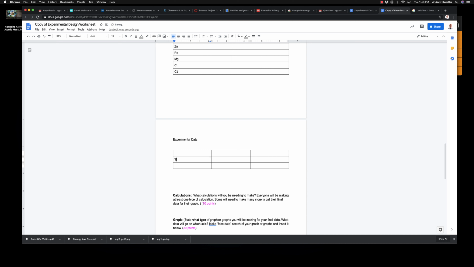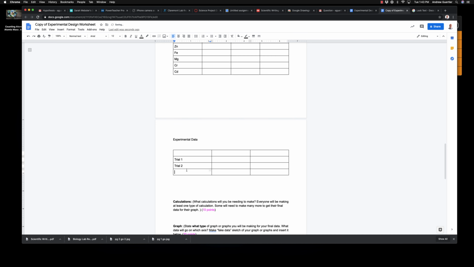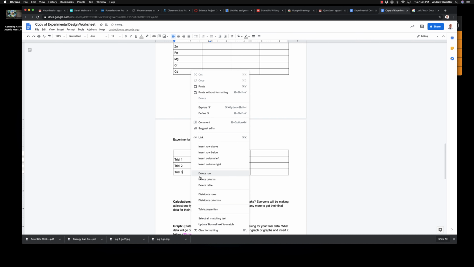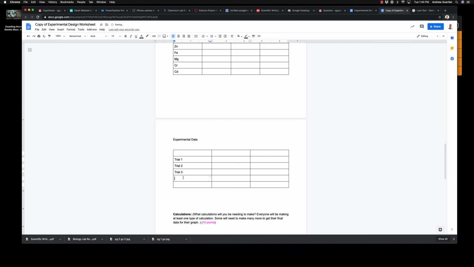So, a lot of times we do this by trial. In our experiment, we want to measure the amount of time it took.